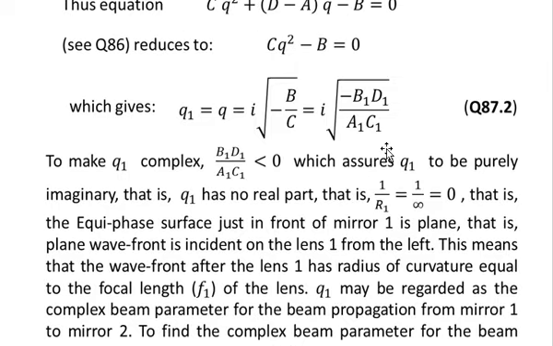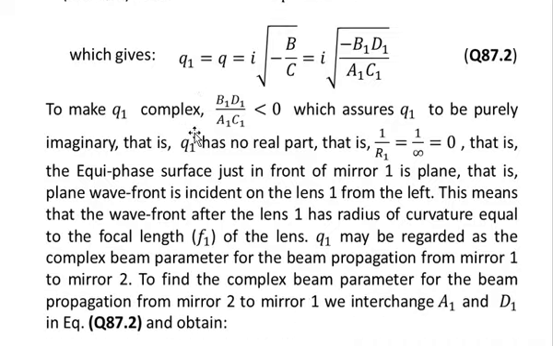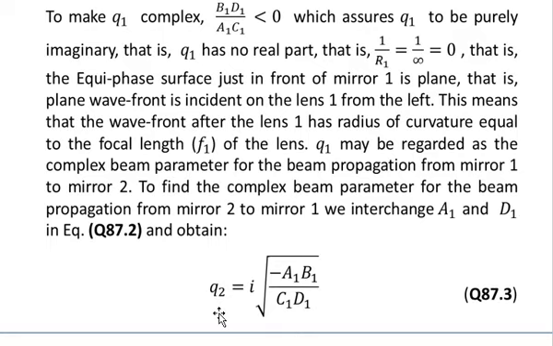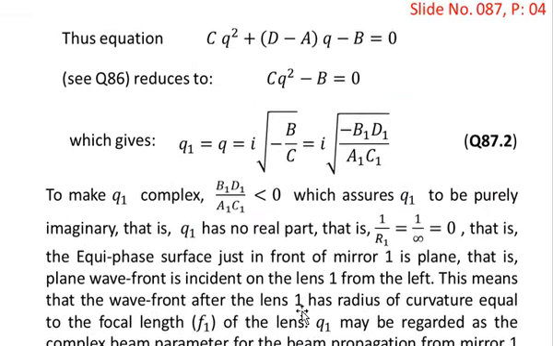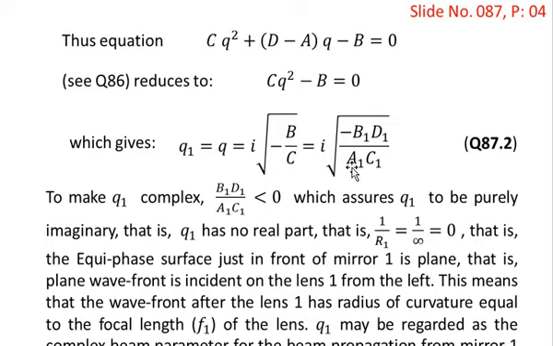If you interchange A1 with D1 or D1 with A1, you will get a parameter, Q2, which represents the complex radius of curvature of the field when it is reflected off the mirror 2 and moving towards the mirror 1. So Q2 can directly be written from equation number 2. So Q is equal to iota times the square root of minus A1 B1 over C1 D1, because I have replaced D1 with A1 and A1 with D1 in equation number 2.